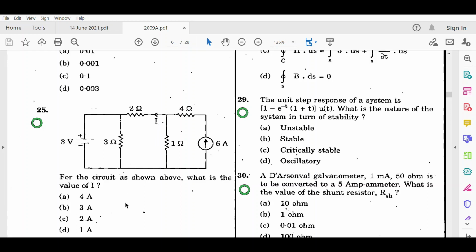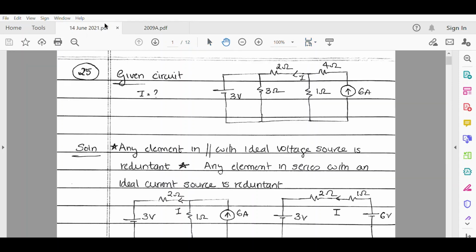Now let us analyze this circuit in detail. Over here the circuit has already been redrawn, and the question asks us to determine the value of current I.